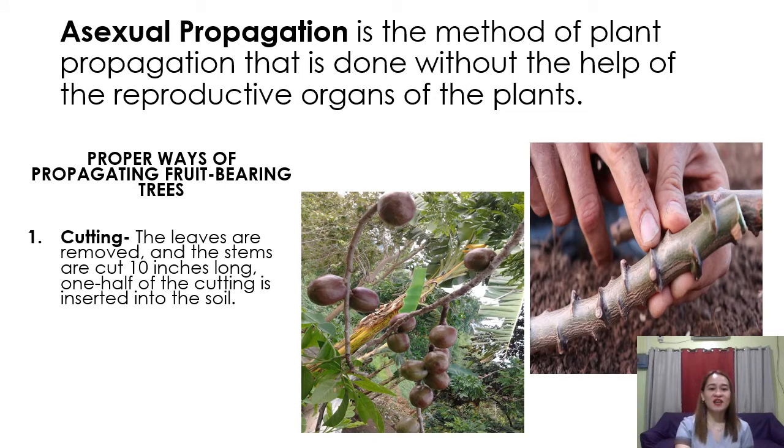So it could be done through cutting of stems, leaves, or roots. For our example, this could be done by cutting the stems, and then as per definition, one half of the cutting is inserted into the soil. This is an example of cutting that is asexual propagation.